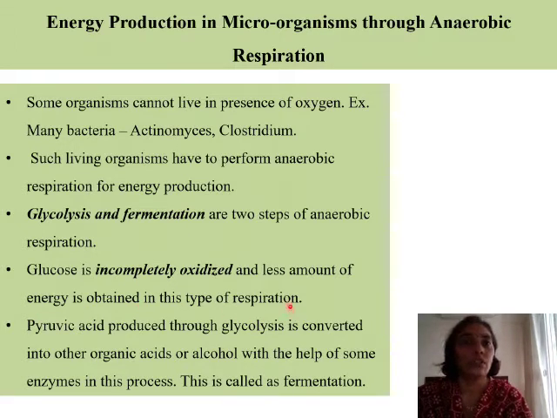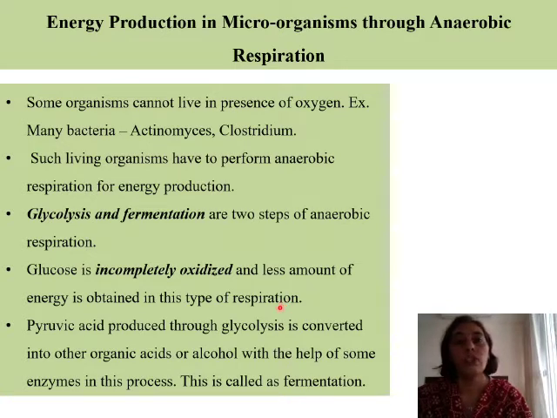The major difference that we are going to notice in aerobic and anaerobic respiration is in the number of ATP that are going to be generated. In case of aerobic respiration, we found that one molecule of glucose gives rise to 38 ATP molecules.